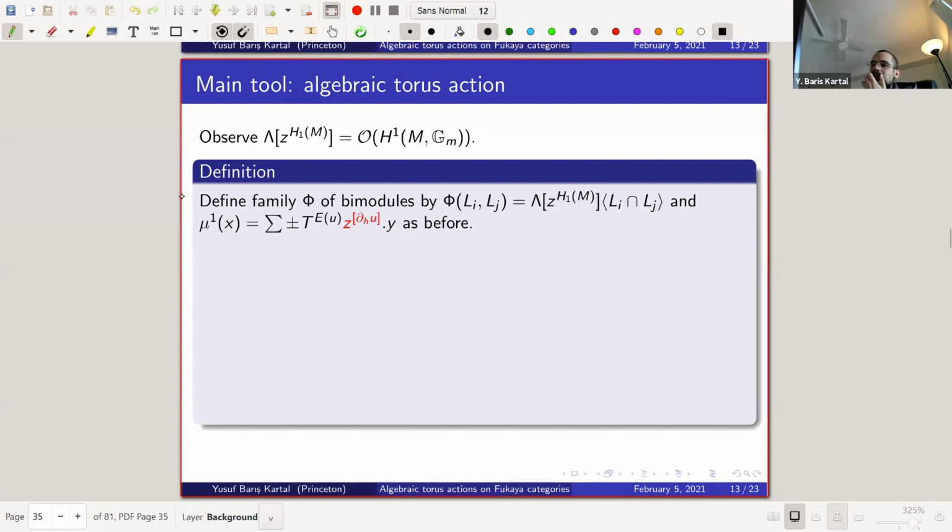The differential varies as you vary the point. So the differential is defined just as before. That's how you define a family of Floer chain complexes parameterized by the variety. The underlying graded vector space doesn't change, but mu1 changes, and the algebraic setup takes coefficients in the group ring of this thing here.